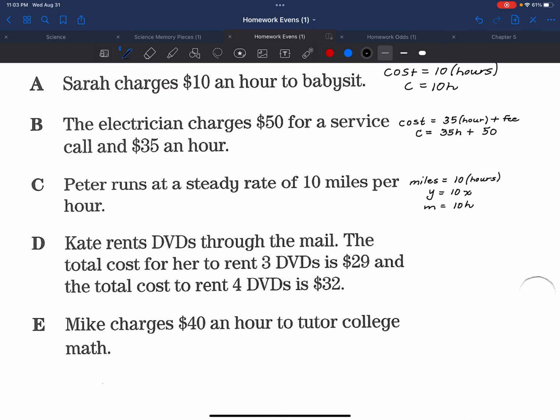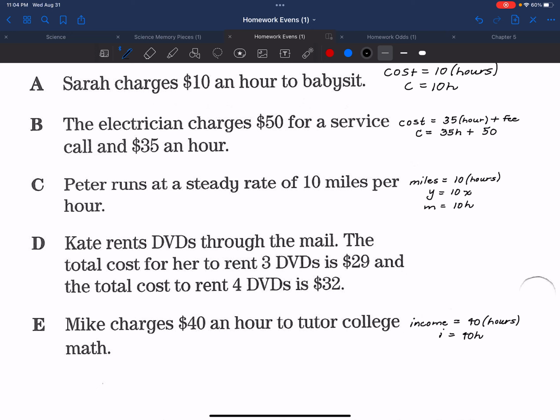Let's just leave that one for a minute and let me get E, and then we'll come back to D. Mike charges $40 an hour to tutor college math. So his income is 40 times the number of hours. So I equals 40H. That's a relationship.